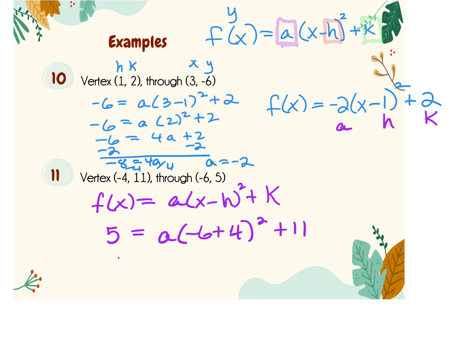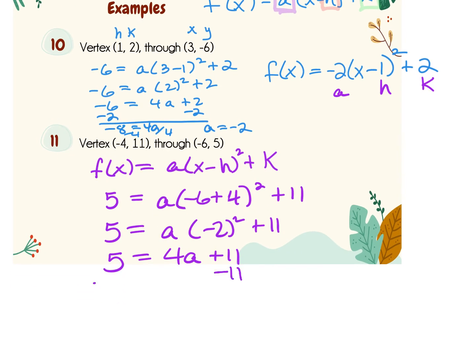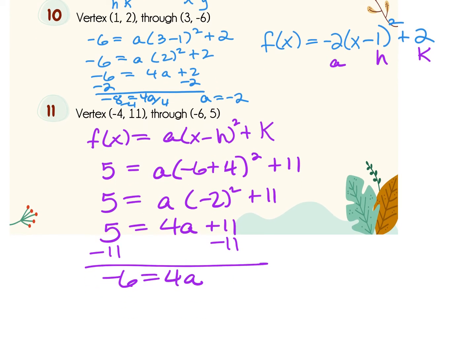So now I'm going to simplify the parentheses. I get -2 squared. So -2 squared is +4. So 4a plus 11. Subtract 11. -6 equals 4a. Divide by 4. A equals -6 over 4, which simplifies to -3 over 2.